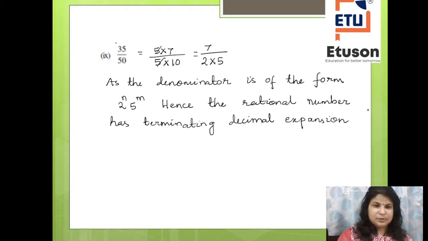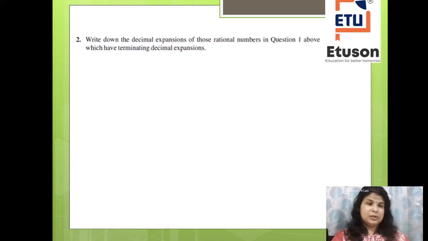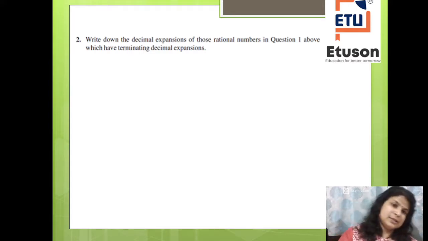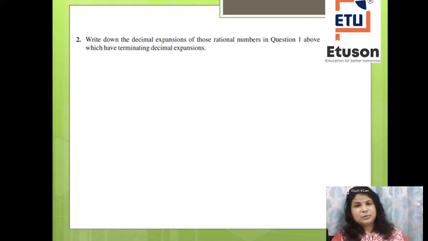So now let us go to the next problem. So here what you have to do is write down the decimal expansion of those rational numbers.